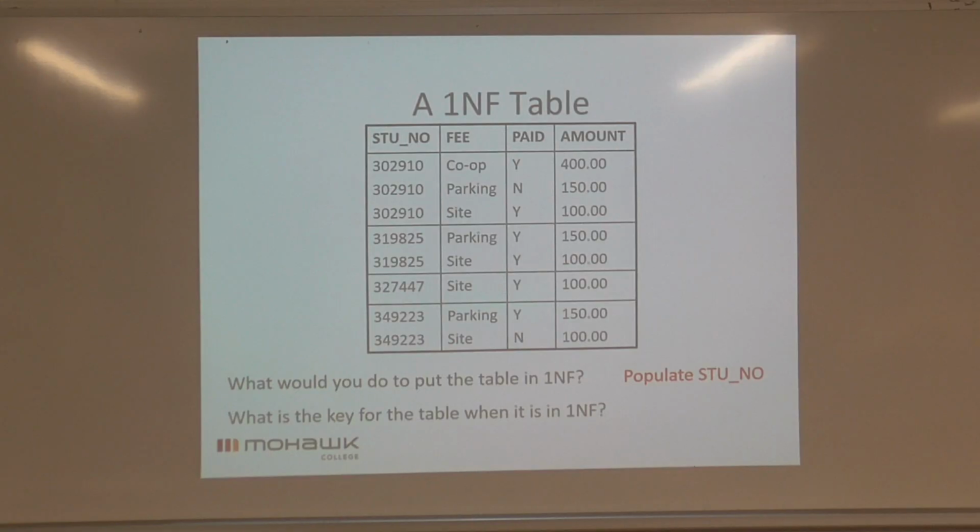Yes. So what we're identifying here, what you've just identified, is that the amount column is entirely dependent on the fee, right? This is a dependent attribute. It's dependent on fee. But as is always the case with dependencies, we could also consider this column to be dependent on that one, right?